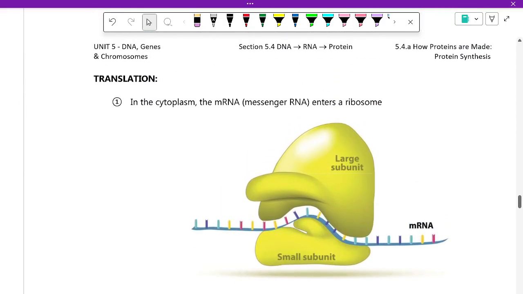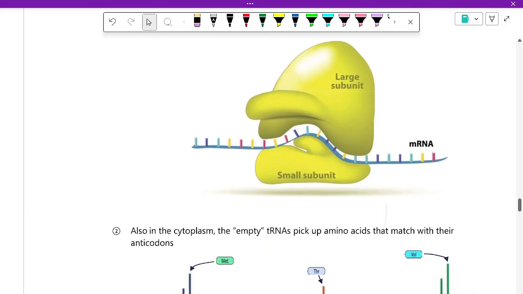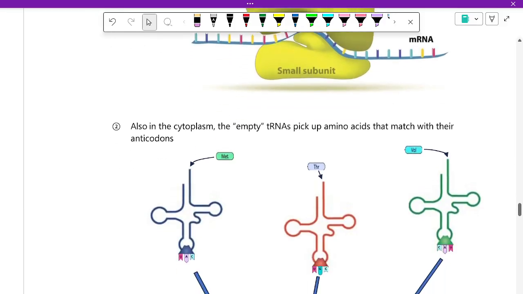So in the cytoplasm, here comes the mRNA. It goes right in between the large subunit and the small subunit. So that's happening at the same time as the mRNA goes in there. These empty tRNAs, this is an empty tRNA.